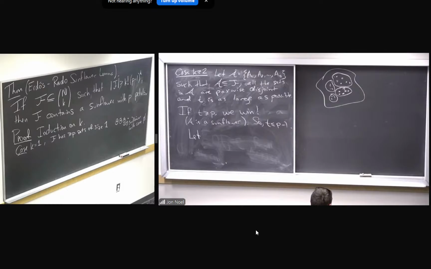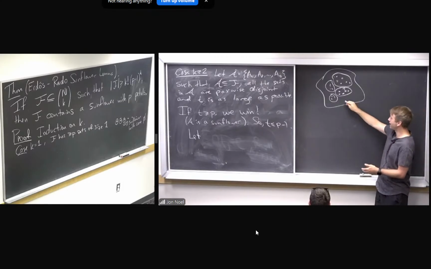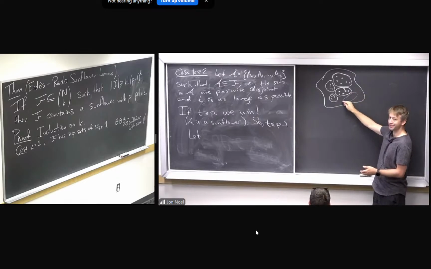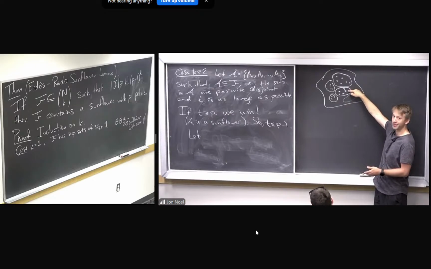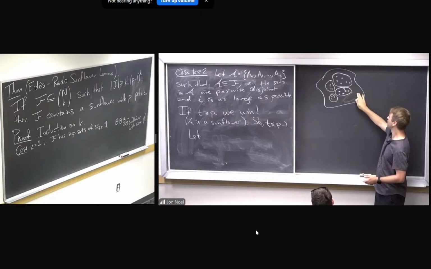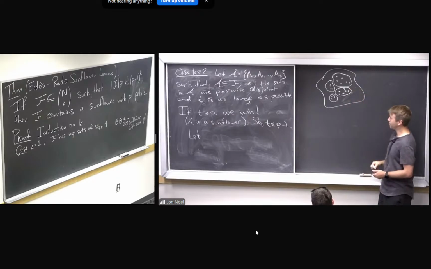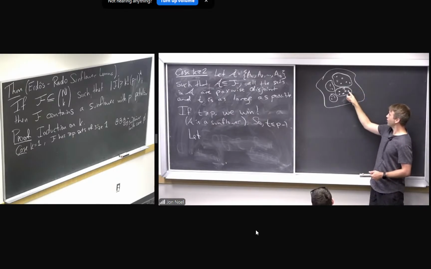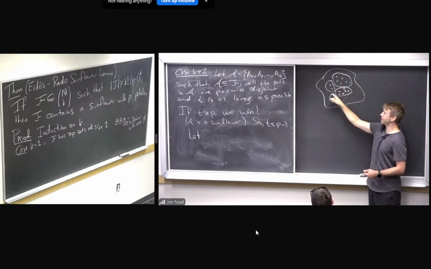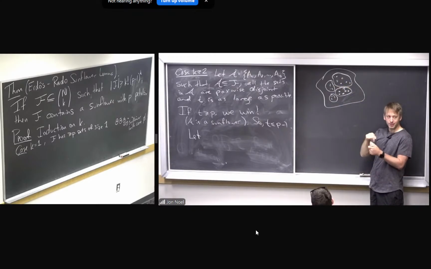Suppose I take a set in F that's not in A. By the maximality here, that set's not going to be disjoint from all the sets in A. It's going to touch this somewhere. And so essentially what we're going to do is go over all the different points in the union here and look at all the sets in F that touch that point, treat that as a subcollection, and apply induction on it.